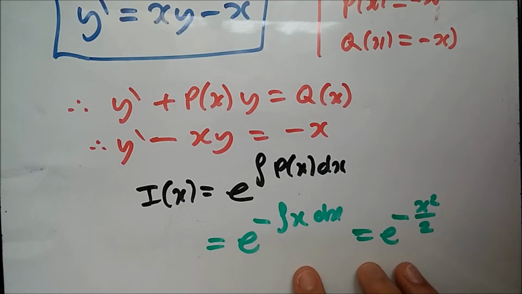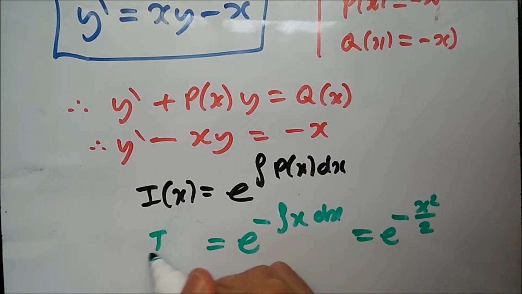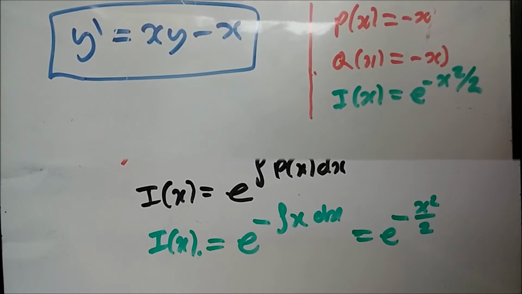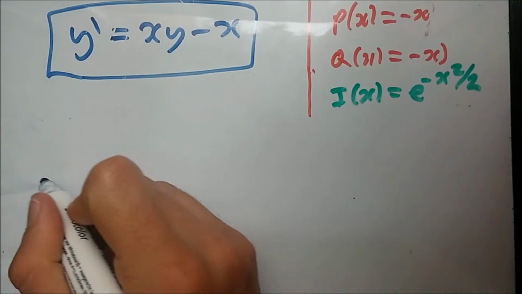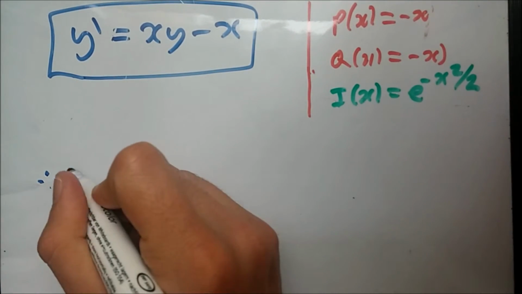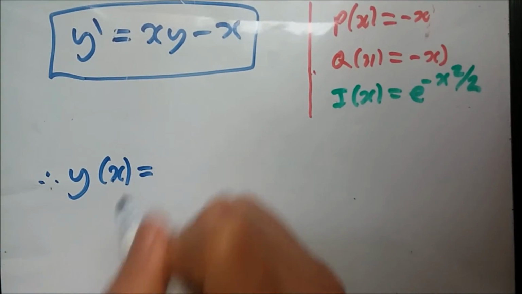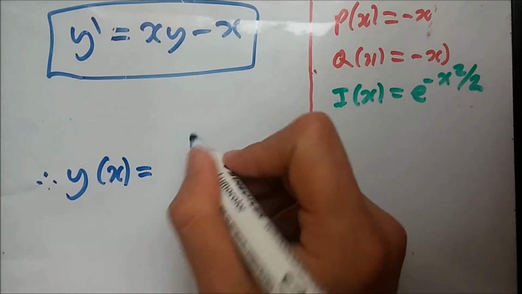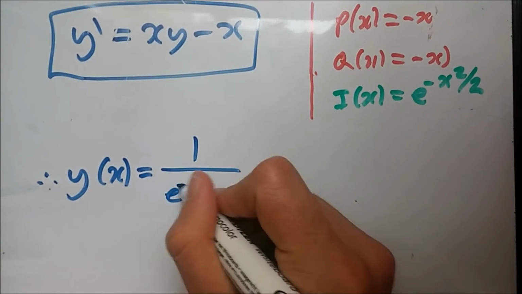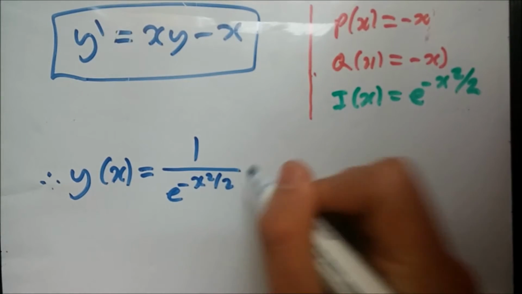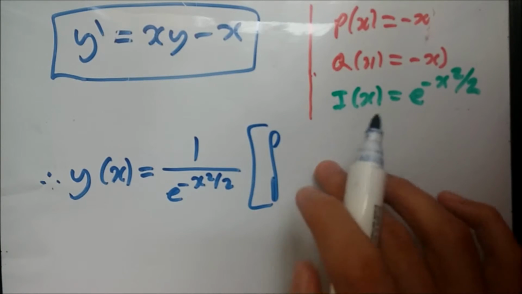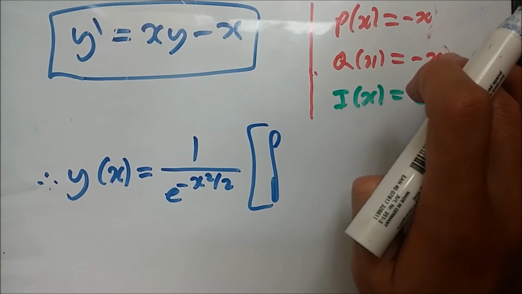Okay. At this stage, we can jump straight into the final expression for y. Alright guys, so let's finish off quickly, okay? So therefore, our solution is going to be y(x), or just y, equals 1 over the integrating factor, so it would just be 1 over e to the minus x squared over 2, bracket, big integral, and now over here we're going to put q(x) times I(x), okay?